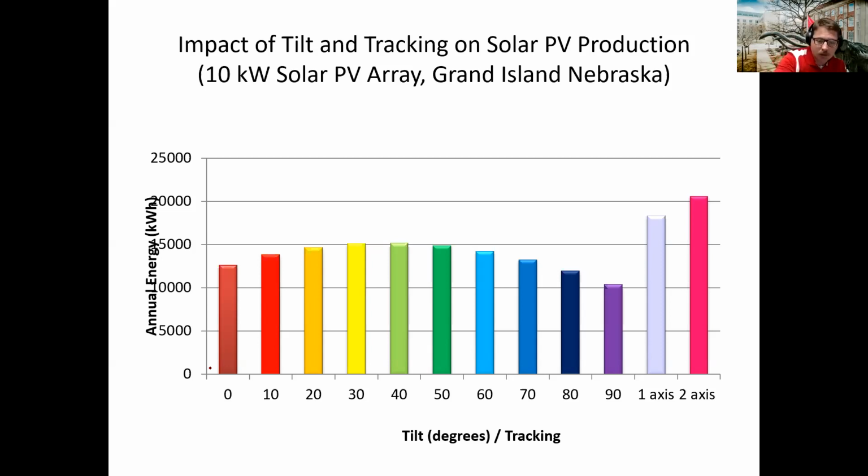A tilt angle of about 40 degrees gave us the peak annual kilowatt hours in Grand Island. If I went a little bit north, up to the South Dakota border, that might be about 42 degrees tilt. If I go to the Kansas state line, it might be 38 or something like that. But it's pretty much in that range of 40.